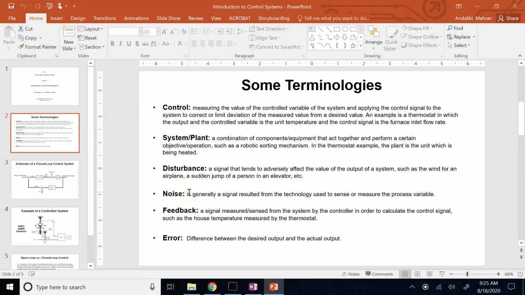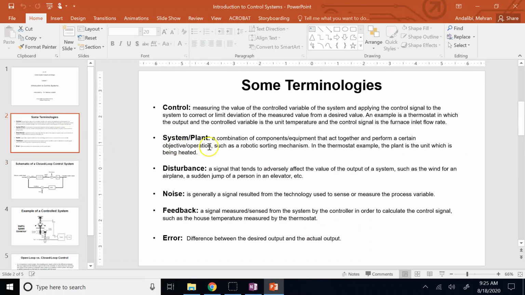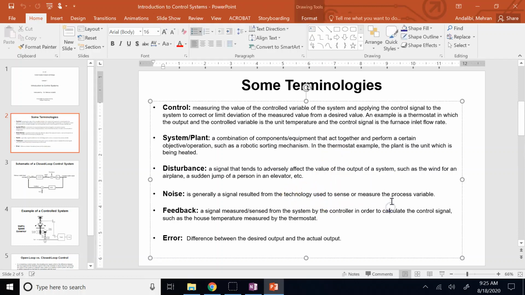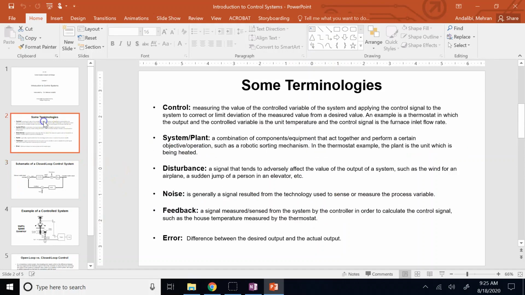Noise, on the other hand, is not predictable, similar to disturbance, but this is not an input to the system. This is due to sensor errors, due to sensor measurements, okay? So it comes typically from the technology that it measures the output variable. Feedback is the signal that is sent to the controller by measuring the output, which has also the inherent noise in it.